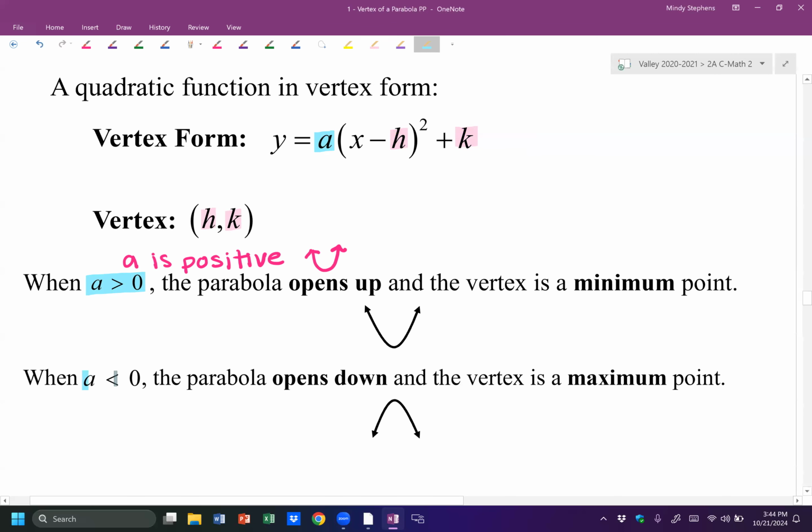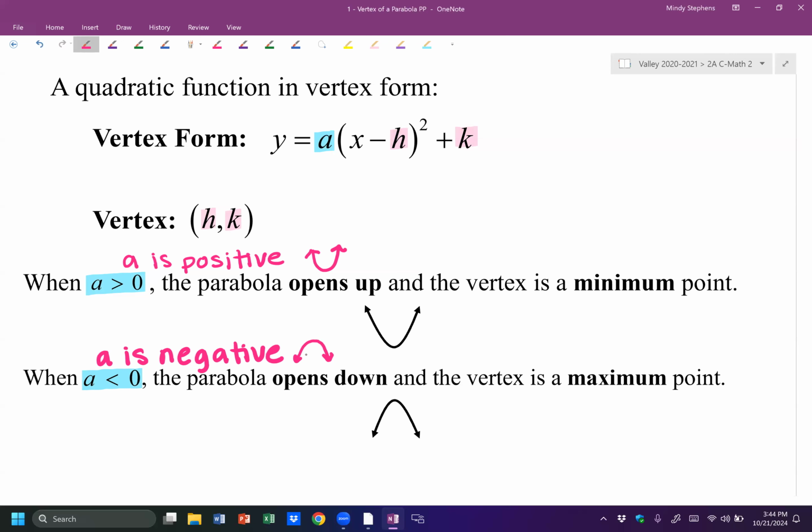If A is less than 0, which means it's negative, again, write that down. So if A is a negative number, that means it's going to open down. It's pointing negative. So if it is negative, the arrows point down. If it's positive, the arrows are pointing up.